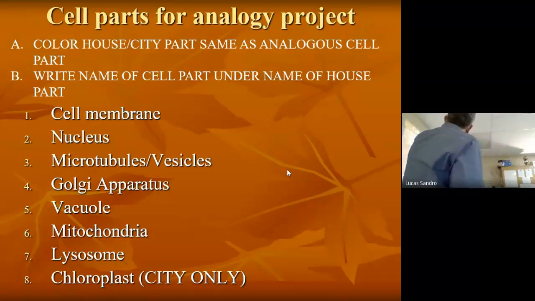You color the house part the same color as the analogous cell part on your coloring page, and you write the name of the cell part under the name of the house part, and here is your list of 7, because you did the house and not the city. The city has 8 parts. You only have 7. That's your list of the 7 parts that need to correspond with the 7 house parts. Write those down maybe on the back of your house sheet. Chew on those directions for a minute.